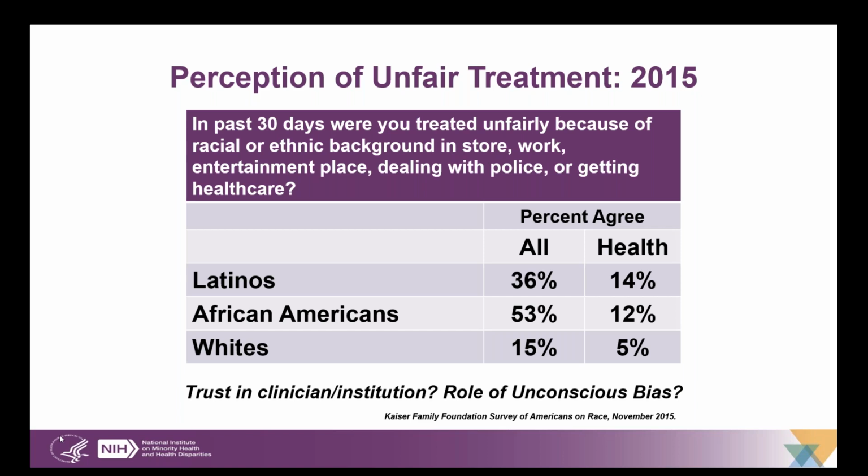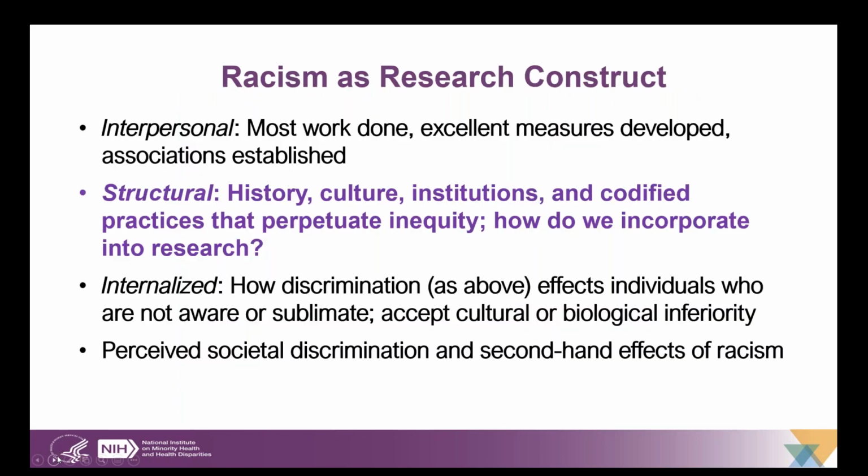Now, in thinking about racism, most of the empirical research has been done on the interpersonal level. So we ask someone, have you been discriminated against, like the prior survey? And there are outstanding measures with excellent psychometric properties that have been developed on this. But the topic of structural racism, I think, has arrived as a mainstream issue to address.